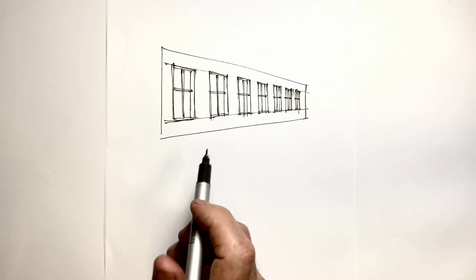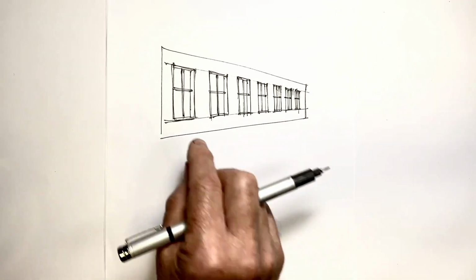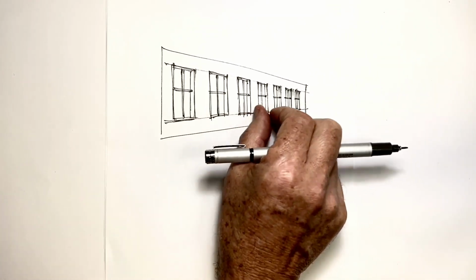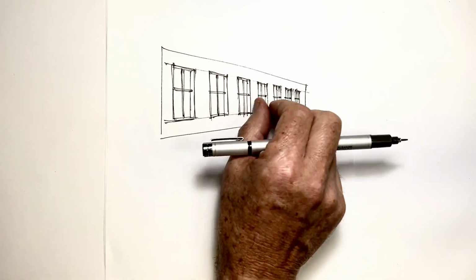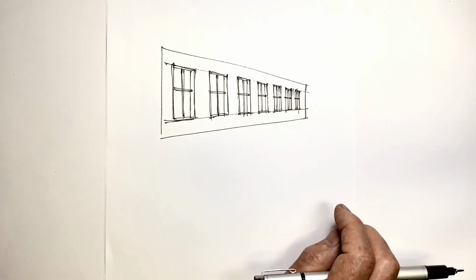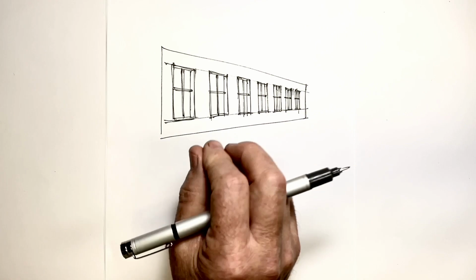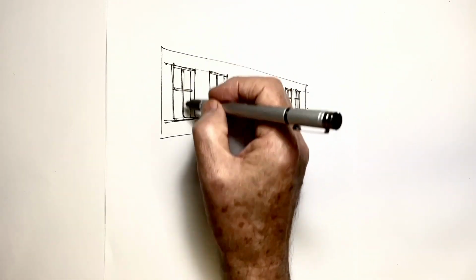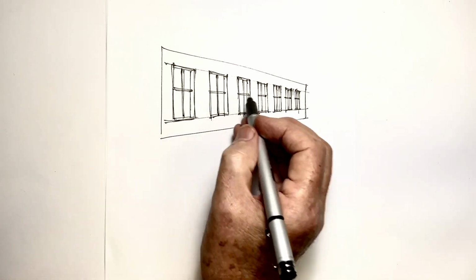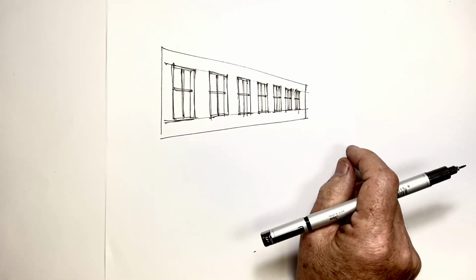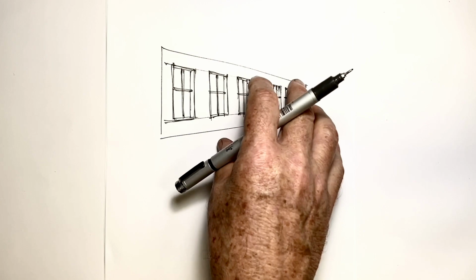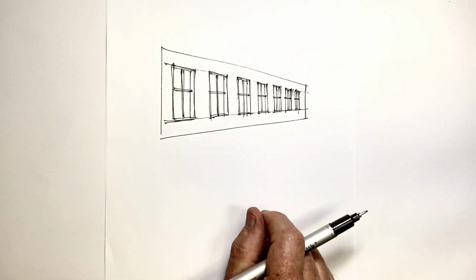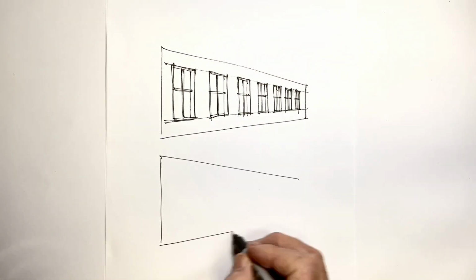The problem here is while we've nicely foreshortened the widths of the windows as well as the spaces between the windows, inside the window we've drawn exactly the same view of window. So I've copied what's in this closest window and then I've just put it in the rest of the windows. And that's not what happens with foreshortening. So what does happen? Let me show you.